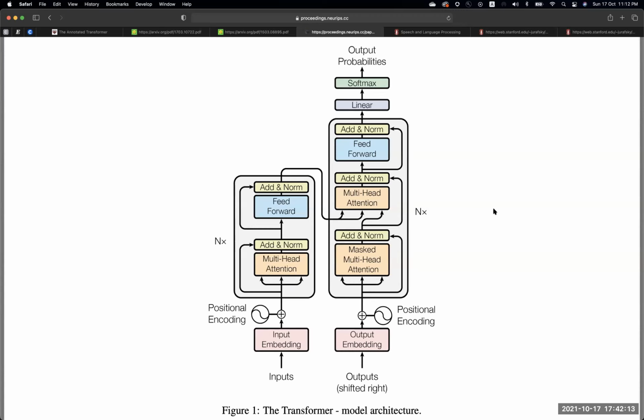Exactly, that's exactly what is happening here.